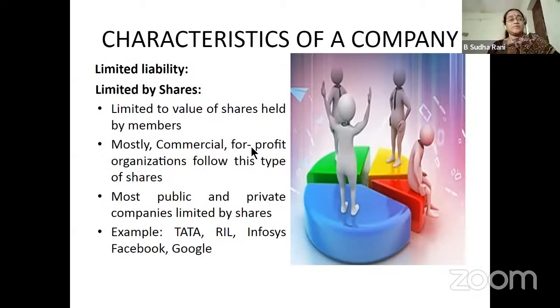If the members' liability is limited to the extent of their investment, only then can they attract more investors to invest in the company shares. So liability is limited to shares or guarantee. Examples: Tata, Reliance, Infosys, Facebook, Google. Whatever company you invest in, if it goes into losses, you will lose only the amount you invested, not beyond that.